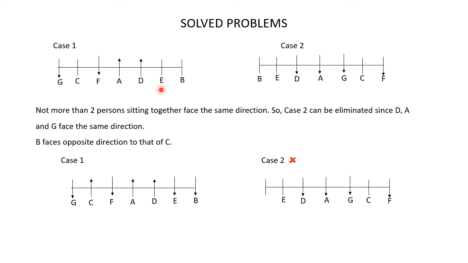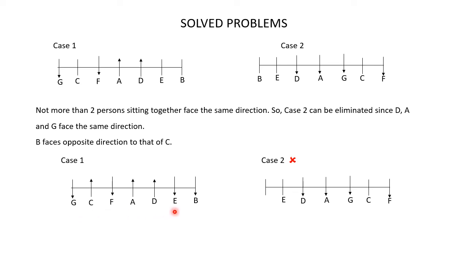Also, if E faces north, then A, D and E will face the same direction. Since not more than 2 persons sitting together can face the same direction, you have to mark E facing south. So in case 1, mark E facing south.